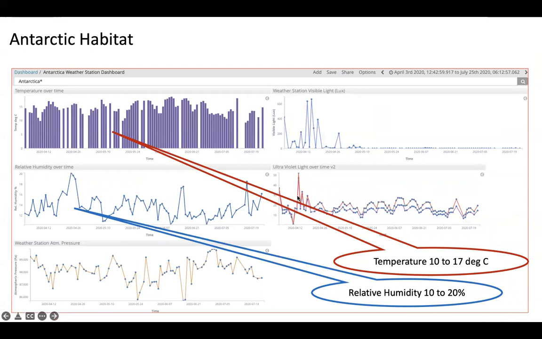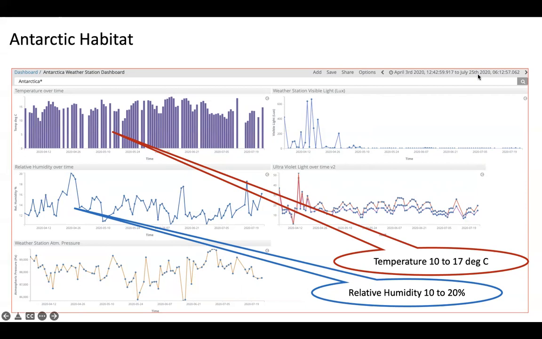So if we go to the habitats on Antarctica and have a look at what they're experiencing, they're experiencing temperatures between 10 and 17 degrees centigrade, which is cold. This is inside the habitat. If we have a look at the date, this is pretty important, because this data was collected from around April the 3rd to July the 25th.